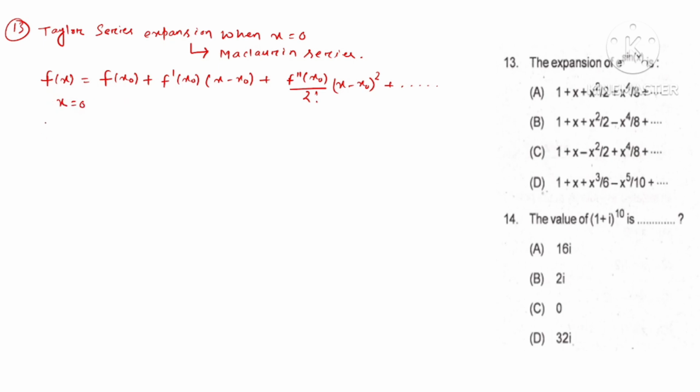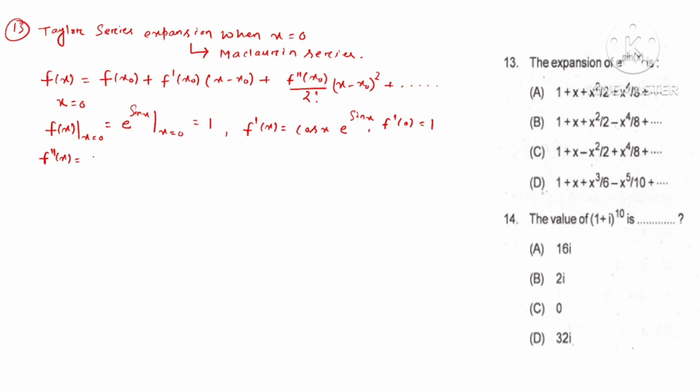So now let's take the values of f of x at x is equal to 0, which will be e to the power sine x at x is equal to 0, which is 1. Similarly, f prime of x will be equal to cos x e to the power sine x, and f prime 0 will be 1. Similarly, you can find out f double prime x.